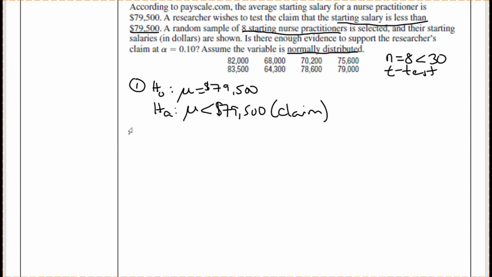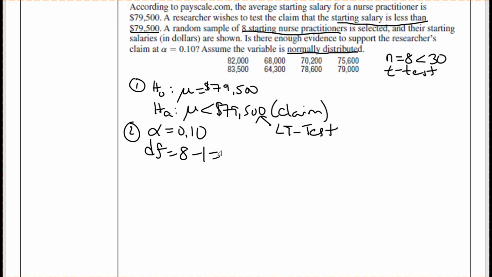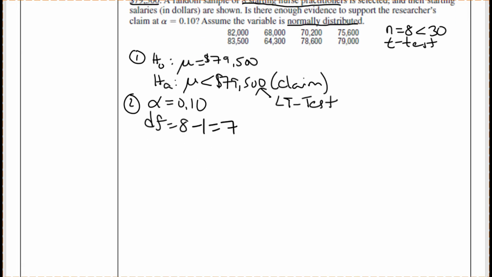All right, so then for step 2, we want to compute or find the critical value. So for alpha is 0.10, and clearly from this we're looking at a left-tailed test because of the less than symbol. We need to find the degrees of freedom, which is 8 minus 1.